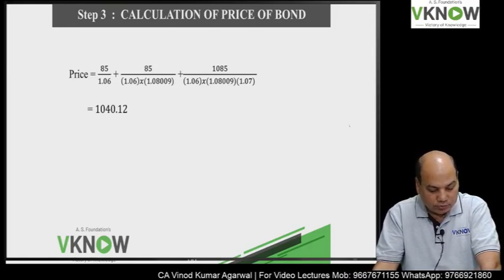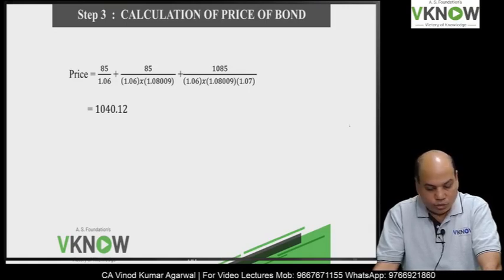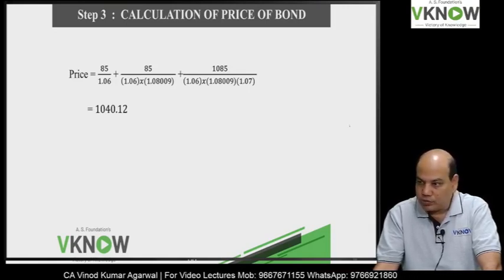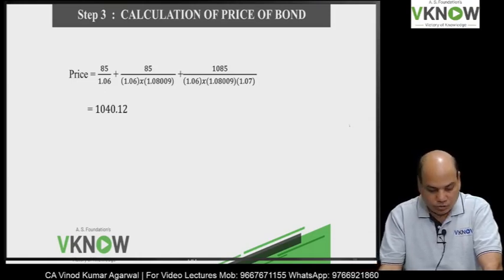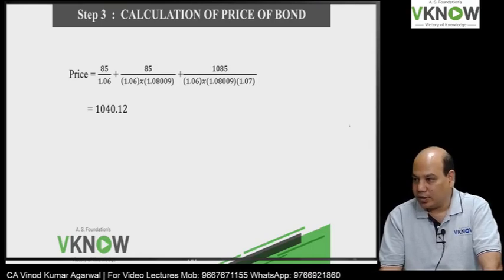What is the answer? $1040.12. 1040.12 is right. So this is how you calculate the price of a bond given the forward rates.